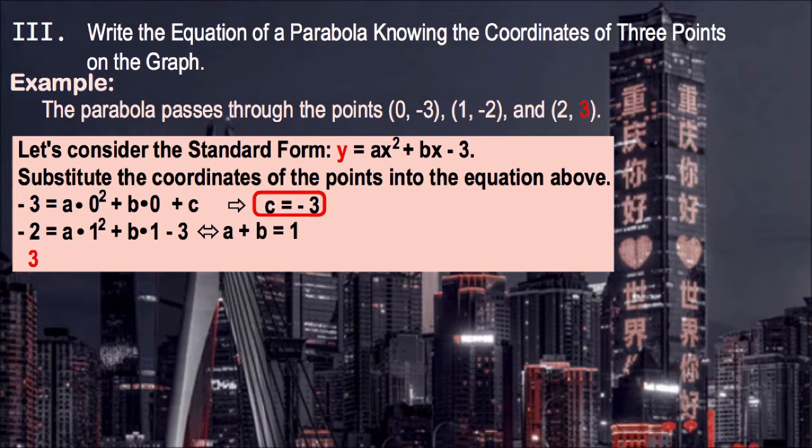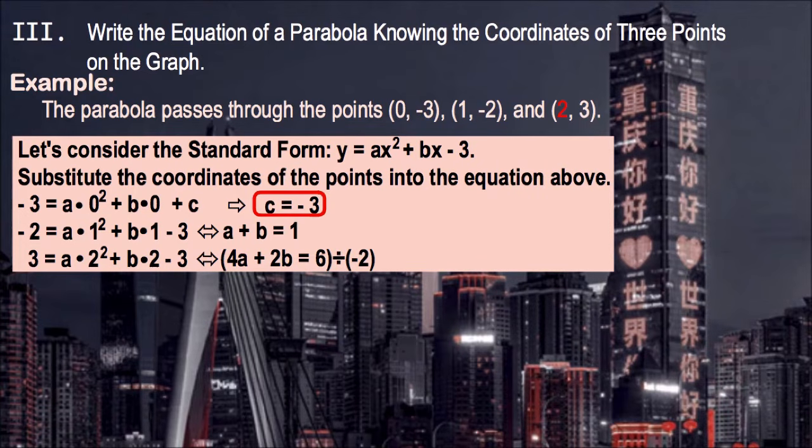Substitute y as 3 and x as 2. 3 equals a times 2 squared plus b times 2, minus 3. This is equivalent to 4a plus 2b equals 6.